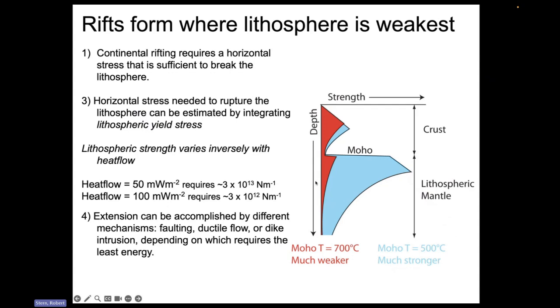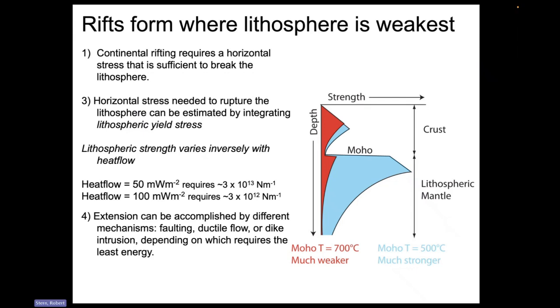And here we have two curves. We've seen them before. One for a stronger lithosphere where the MOHO temperature is 500 degrees centigrade, and the other a weaker lithosphere where the MOHO temperature is 700 degrees centigrade. And we know that lithospheric strength varies inversely with heat flow.